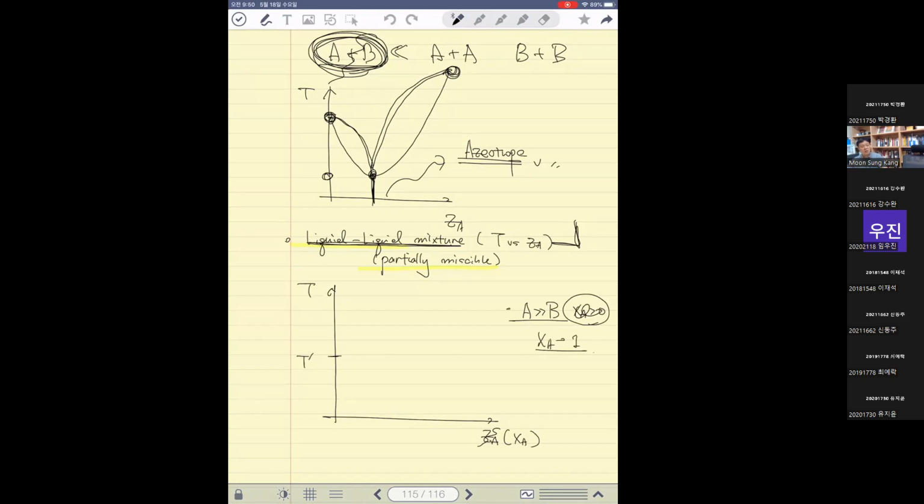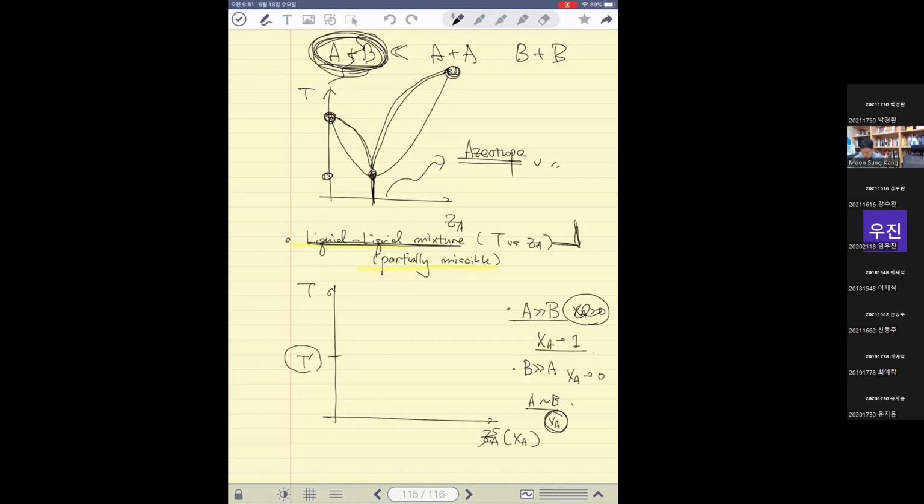For a partially miscible mixture, if you have a much larger quantity of B than A, and XA being close to 0, they will be mixed. But when you have comparable A and B, so if XA lies somewhere close to 0.5, they will not be mixed and they will phase separate.